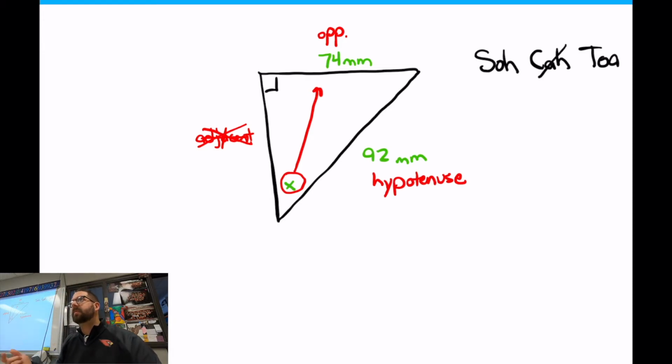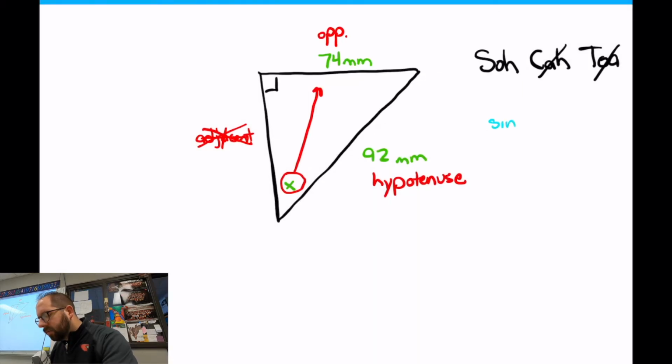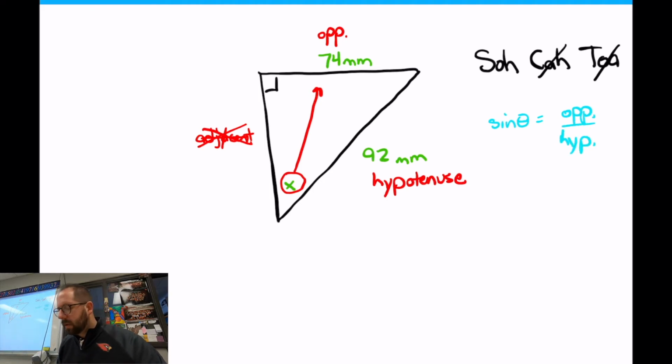The ones with A's in them are out because I didn't use adjacent in my picture. So I'm using the sine function again. So the sine of your angle is opposite over hypotenuse. One more time, the acronym tells me how to write that. That's why I keep writing Sohcahtoa on everything.